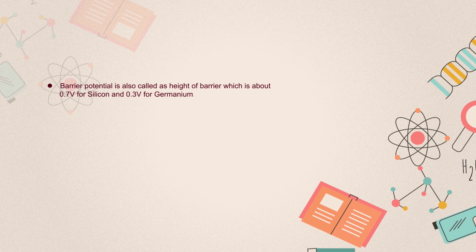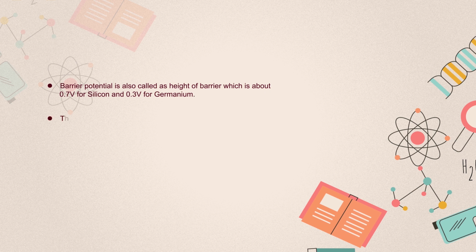The barrier potential for silicon is 0.7 volt. That means at least an external voltage of 0.7 volt is required to overcome the potential barrier, and only then is the current allowed to flow from anode to cathode. Similarly, this value is 0.3 volt for germanium.